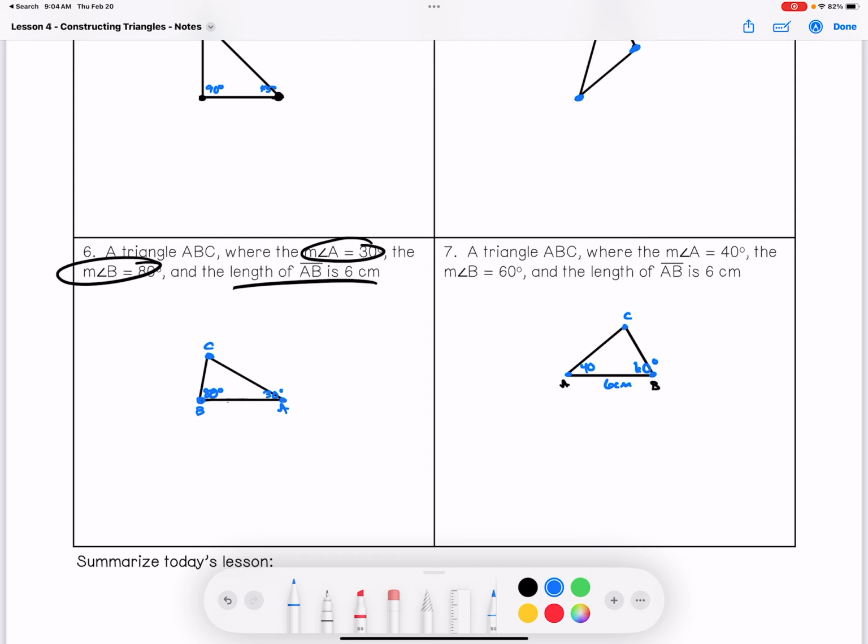All right, question number 5. Which soft drink company is known for its red cans and polar bear commercials? Number 6.